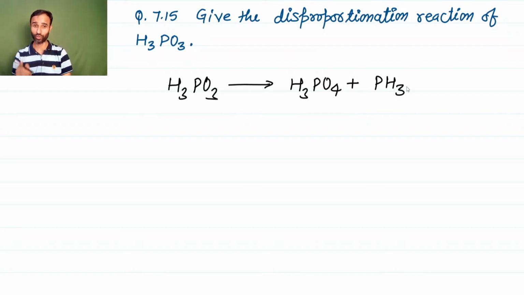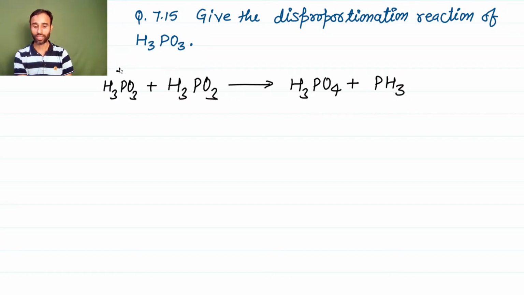This is a disproportionation reaction. So to balance it, first of all we write 2 H3PO3 because one H3PO3 is oxidized and the other is reduced. Okay, so this is a disproportionation reaction.